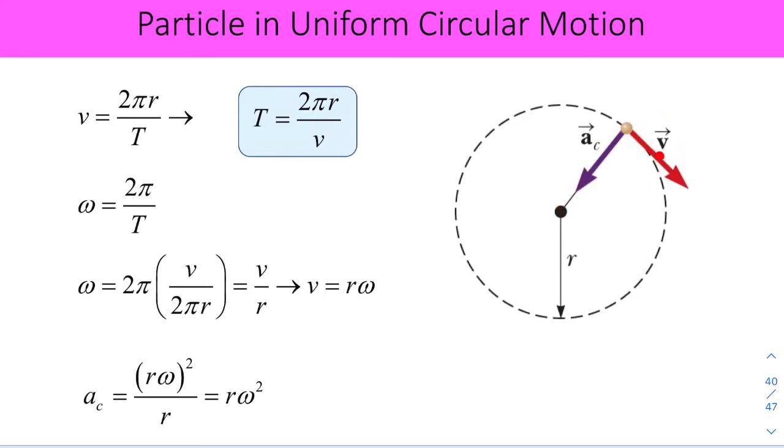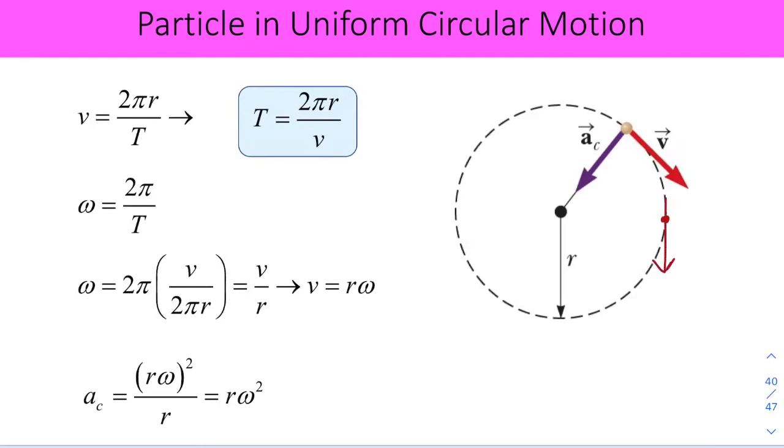Let's say now the velocity of the object is constant, right? If the velocity is constant, the magnitude stays the same, but the direction of the v keeps on changing. Why is it so? Let's say the object now reaches this point. What is the velocity of the object? It's going to be tangent to the point.